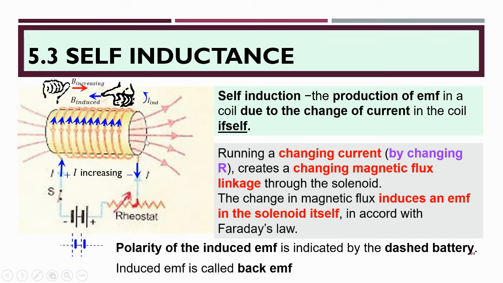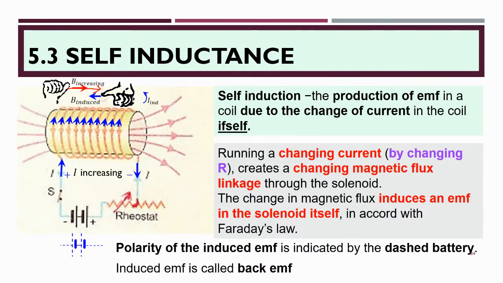To determine the direction of the induced EMF, we can use Lenz's law. For example, let's say the direction of the magnetic field in the coil is pointing to the right. As we increase the current, the magnetic field also increases.